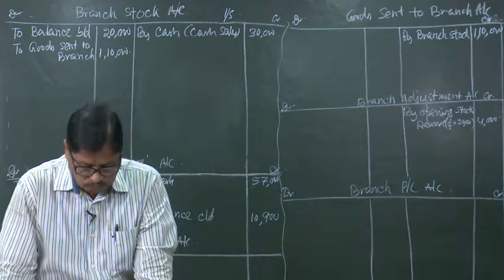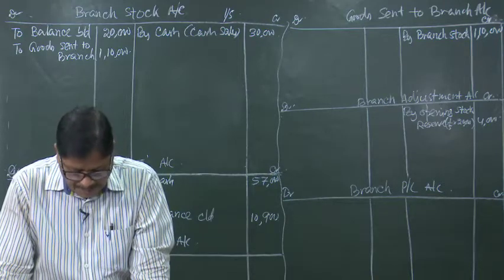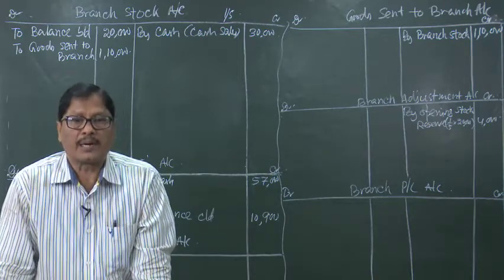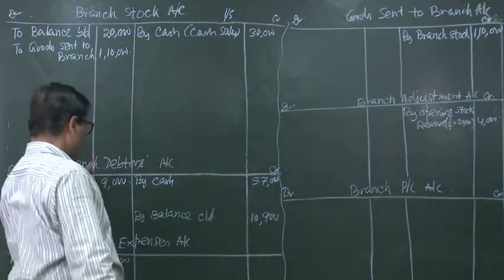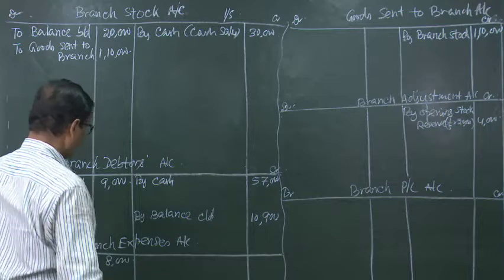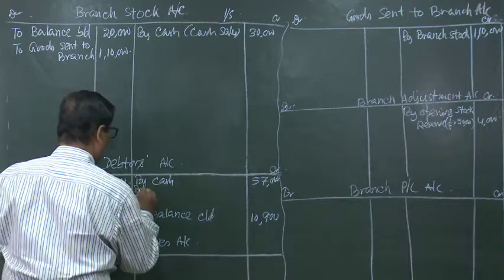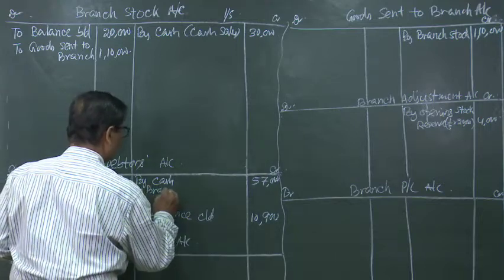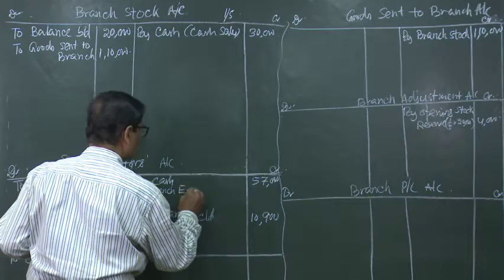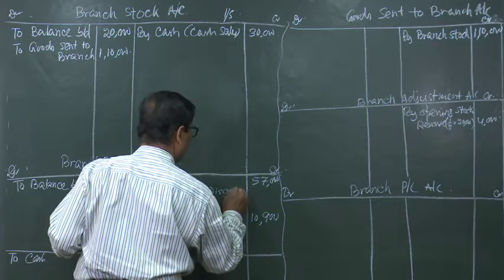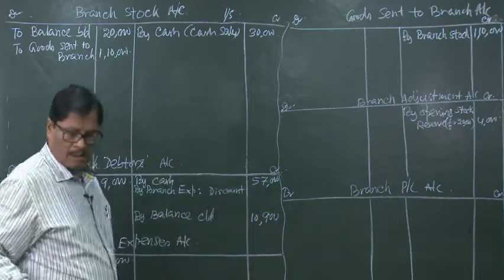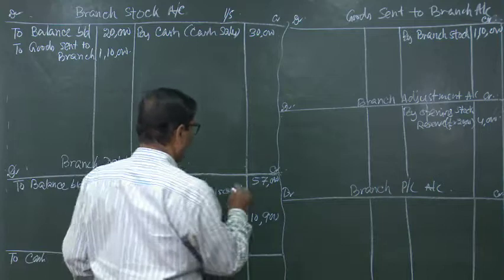Then discount allowed to them 1,100. When discount is allowed to the branch debtors, the debtors will be reduced and it will be recorded as by branch expenses, discount 1,100.